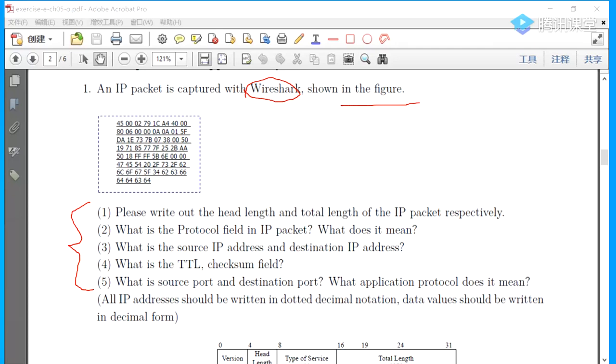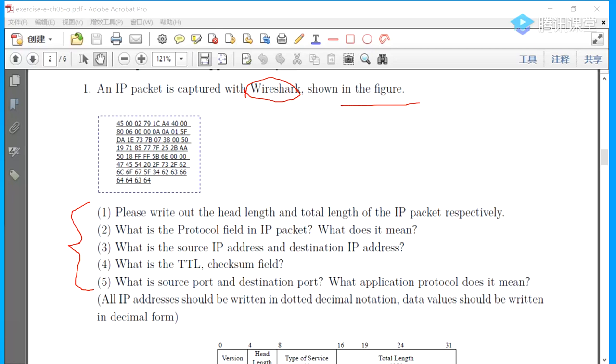Please write out the header length and the total length of the IP packet respectively. What is the protocol field in the IP packet? What does it mean? What are the source IP address and destination IP address?